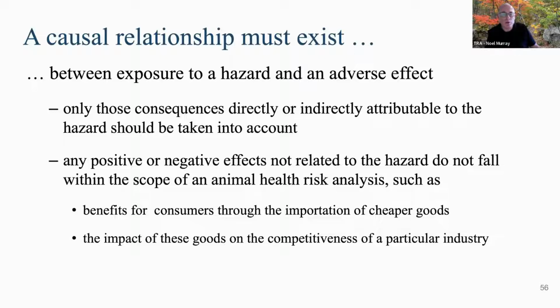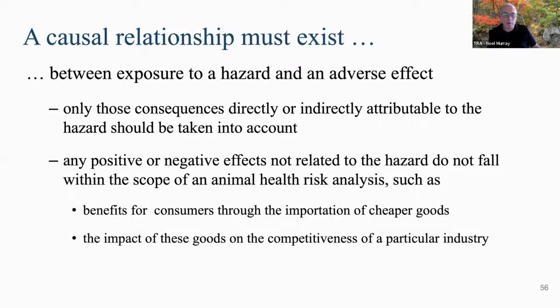So any positive or negative effects not related to the hazard do not fall within the scope of an animal health import risk analysis. And we can think of examples there, such as the benefit for consumers through the importation of cheaper goods. This is not a disease-associated effect, if you like. And what are the impacts of those goods on competitiveness of a particular industry? Unless there's a direct link with the pathogen, the consequences such as these should not be considered in the animal health risk analysis.